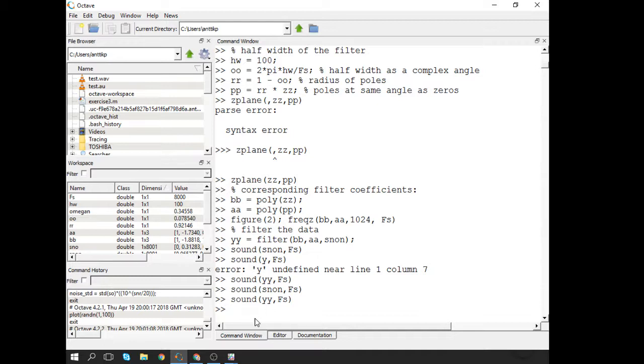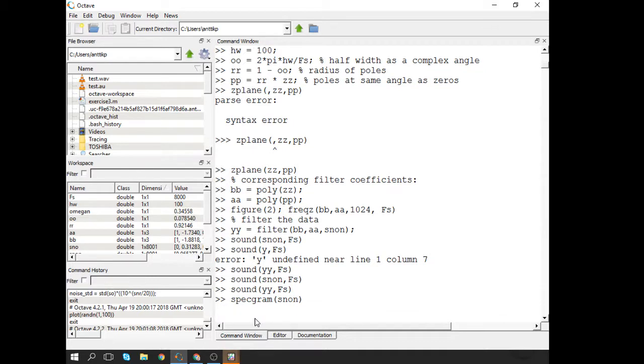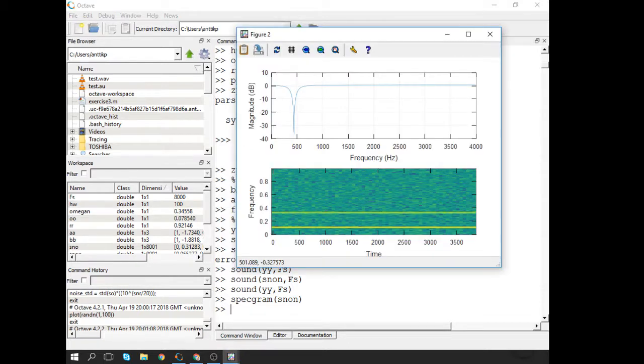Okay, but anyways, let's do some spectrogram. So I will use the specgram command. SNON first. So I'm a lazy guy, so I will just do it like that. Oh, shoot. I should actually always.